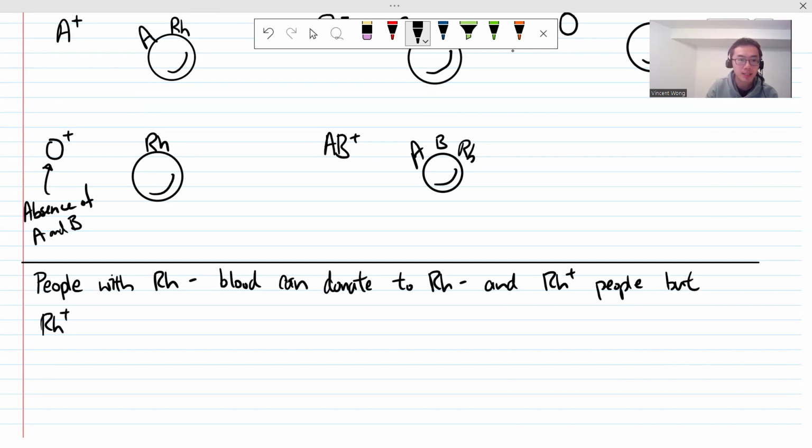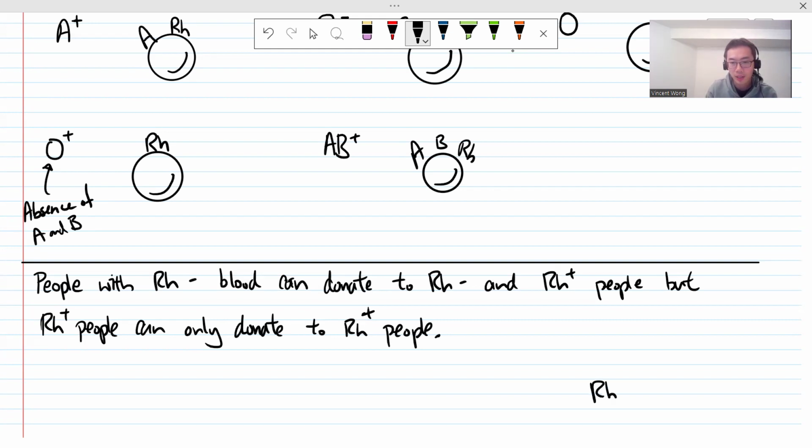But RH positive people can only donate to RH positive people. Okay? So it's like this. RH negative can give to RH positive and themselves, but positive cannot give to negative.